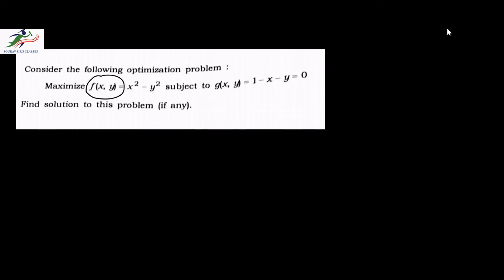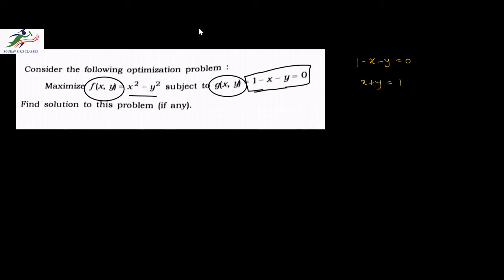The next question talks about a function f(x,y) defined as x square minus y square, and another constraint, 1 minus x minus y is equal to 0, and we are asked to maximize the function f(x,y). So here we can clearly see that 1 minus x minus y is equal to 0 means x plus y is equal to 1.